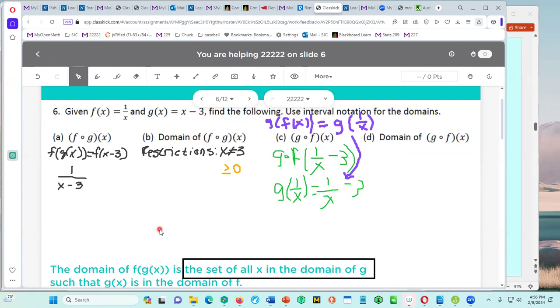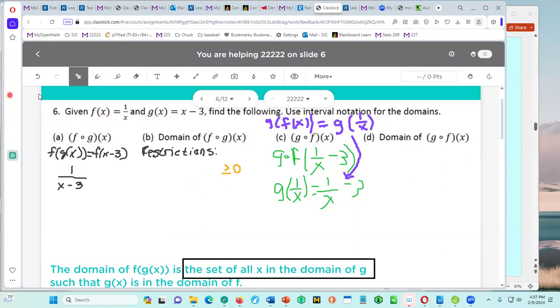Okay, so what numbers are allowed to be inputs for f? What is the big issue? Well, you can't divide by 0, right?